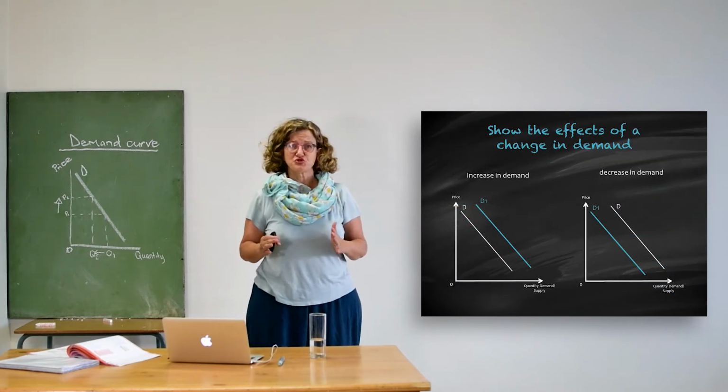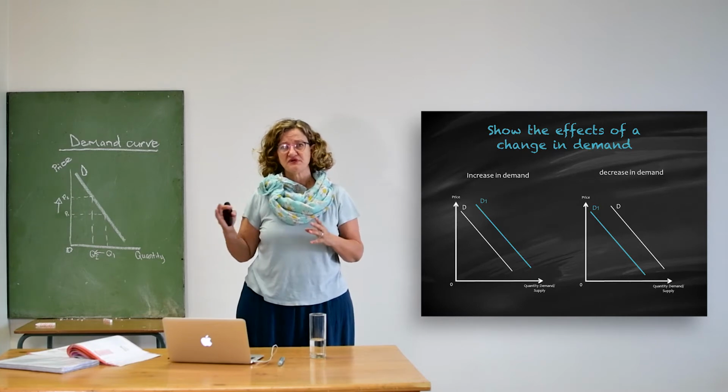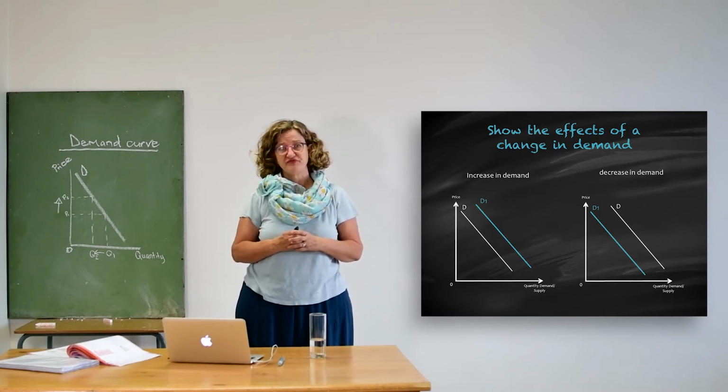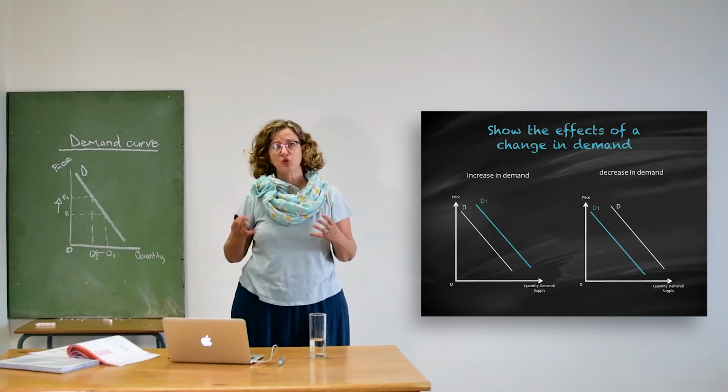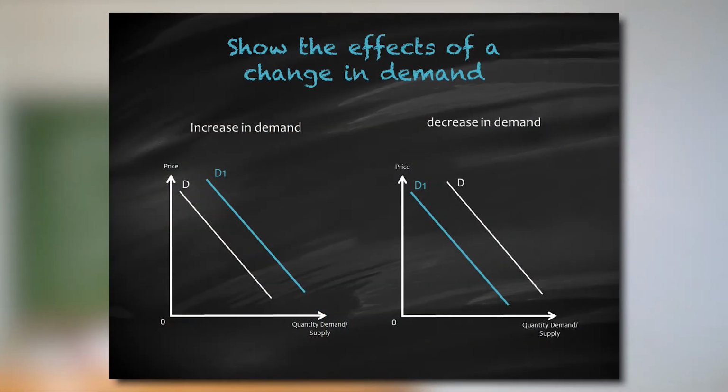And now the next point, I will indicate to you on the PowerPoint how the demand curve will move. If I tell you the demand for water has increased, if demand increases for a certain product, then the demand curve will move to the right, as you will see on the PowerPoint.